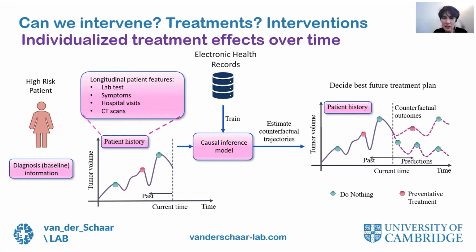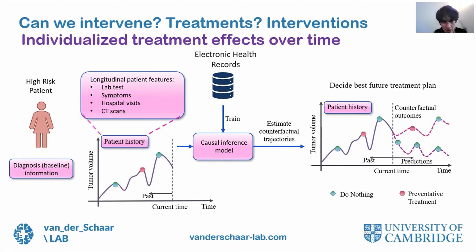Finally, we can also potentially intervene. So at times, if a patient is at very high risk, there could be interventions that can be made in the form of a drug, or maybe even better, a particular lifestyle that can help the patient reduce their risk. In order to know whether to give such an intervention, we need individualized treatment effects over time.